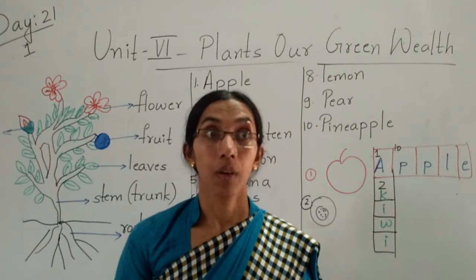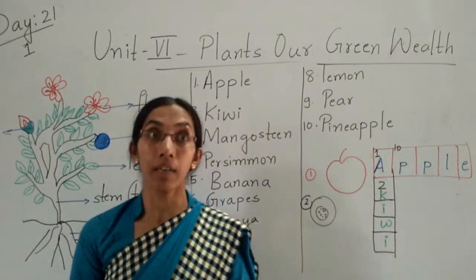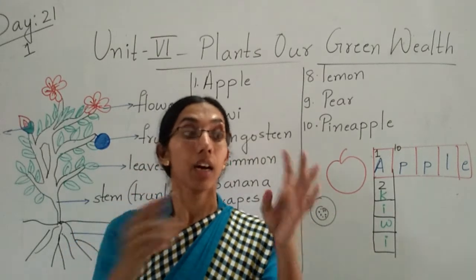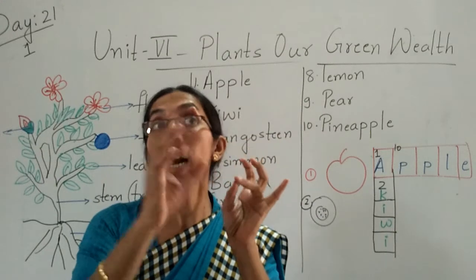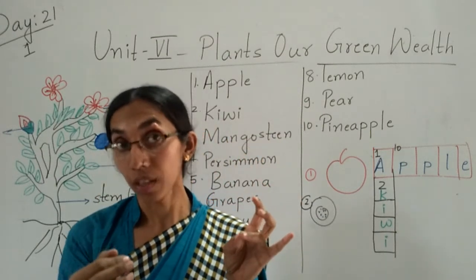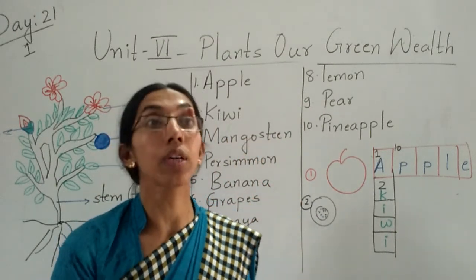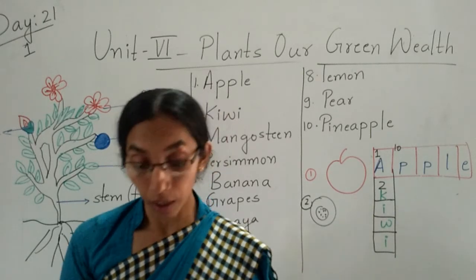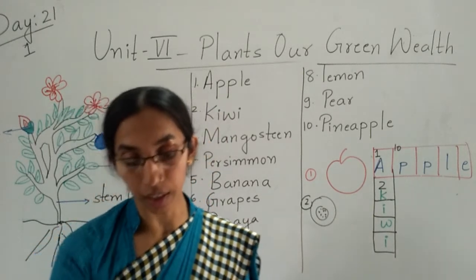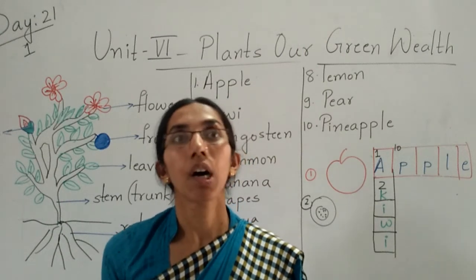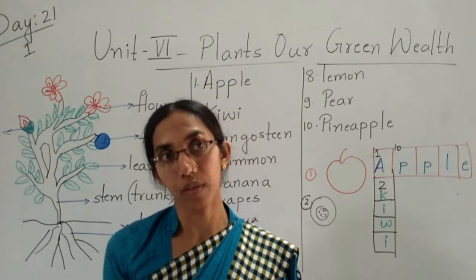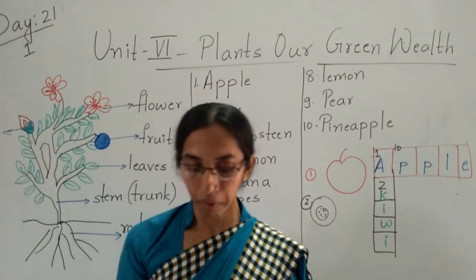Whatever we get from the plants, there are numbers of things: fruits, food, vegetables, wood also we will get. You know, we get wood also. So next is what, children? Next you can see, the next worksheet is about the vegetables. What is that? About the vegetables.